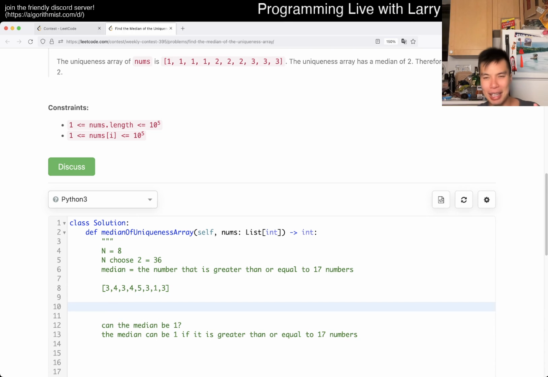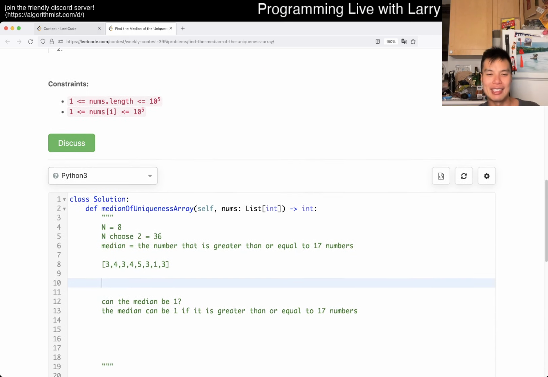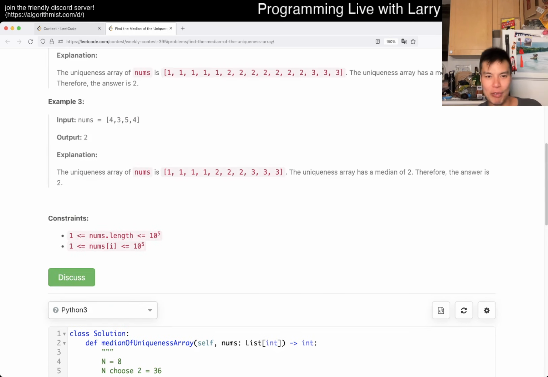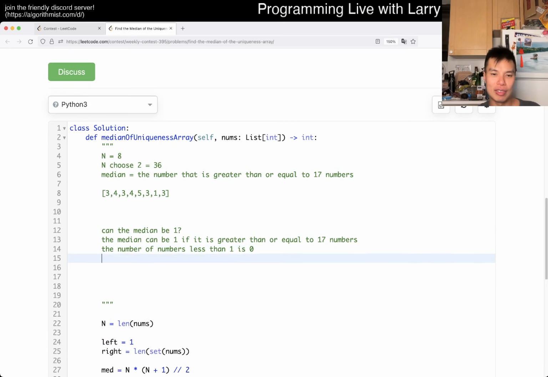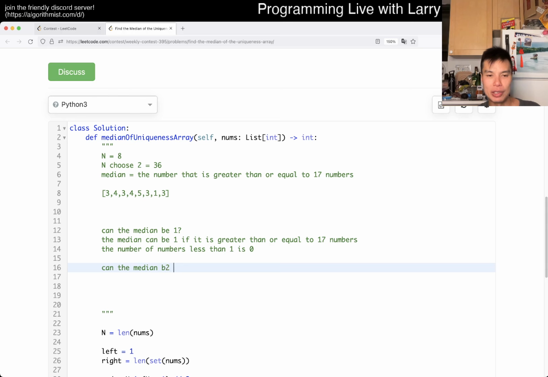I'm just going to cheat a little bit here. The number of numbers less than 1 is 0, because you can't have 0 in the array, so it just ends at 0. And then now we ask, can the median be 2?